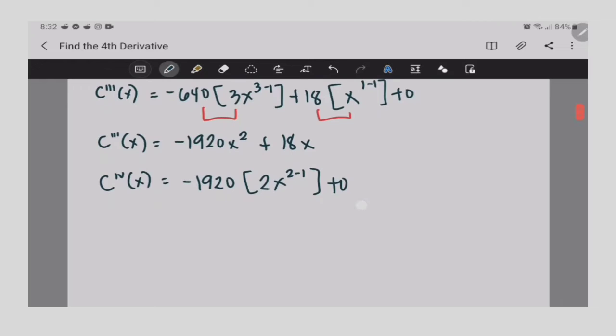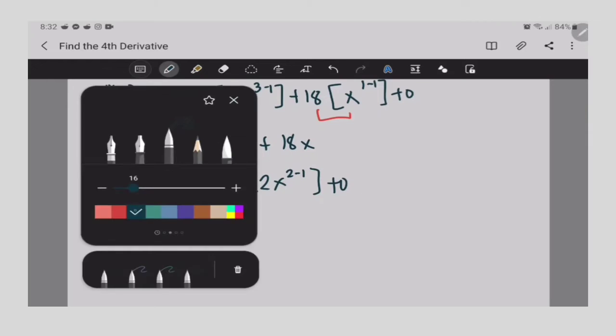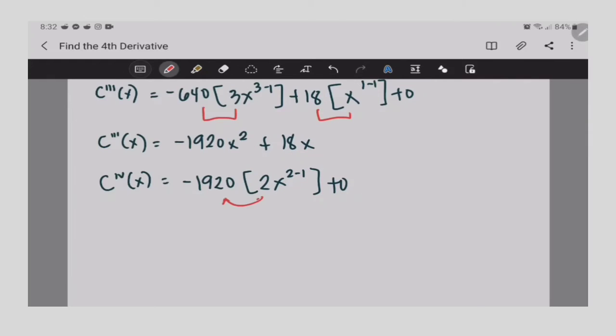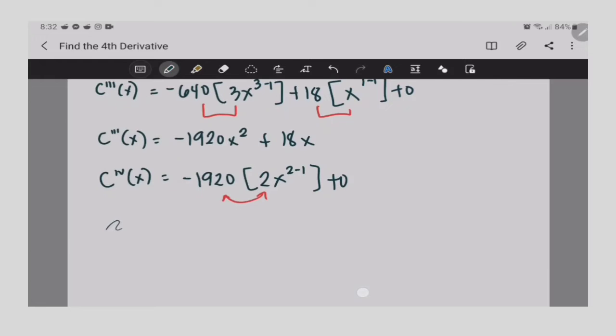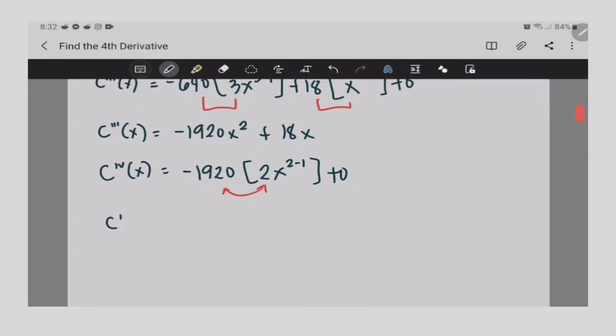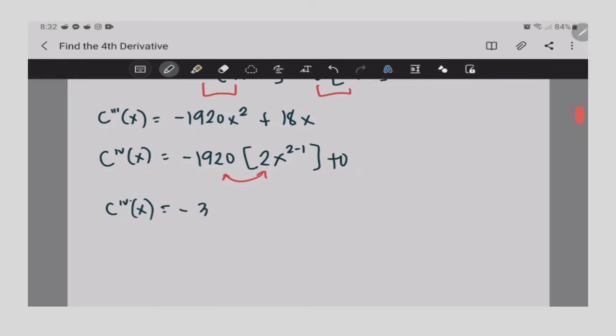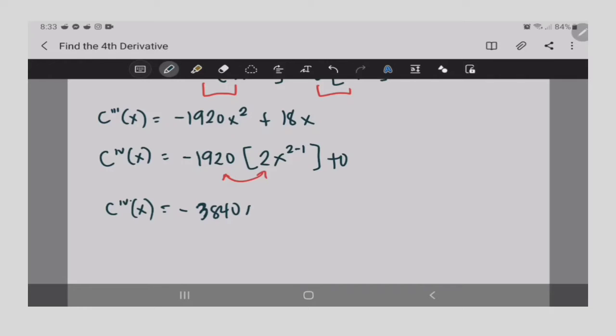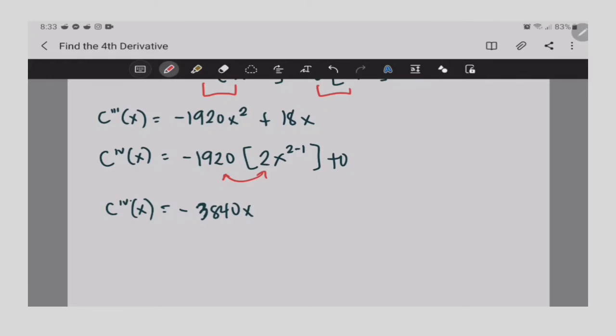So, like in the previous derivation, we have to multiply. The fourth derivation of c of x is equal to negative 1,920 times 2 is equal to negative 3,840. Copy the x. So this is our final answer.